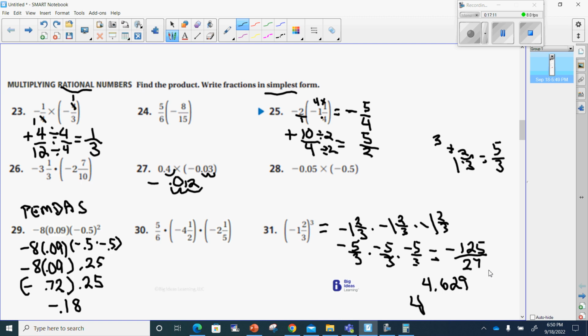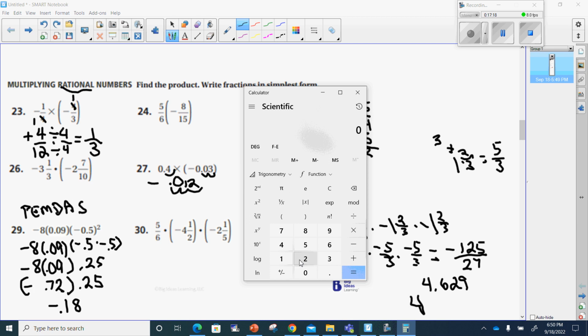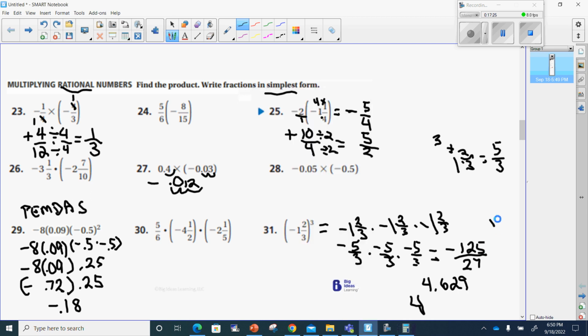I know that I'm going to have something left over, and I'm going to multiply 27 by 4 to find out. 27 times 4 gives me 108. So now I have to take 125 minus 108. This is going to give me, borrowing one here, 17. So the answer to this would be 4 and 17 over 27.